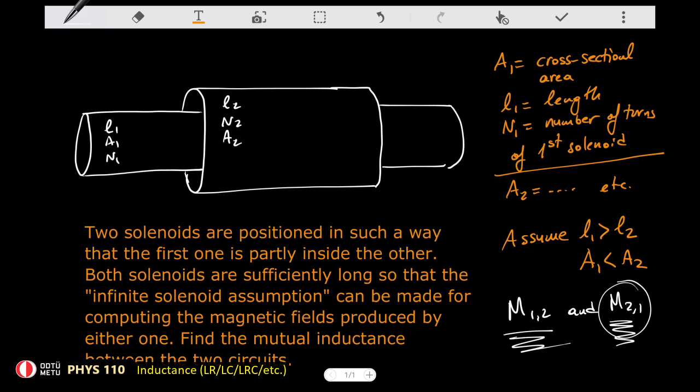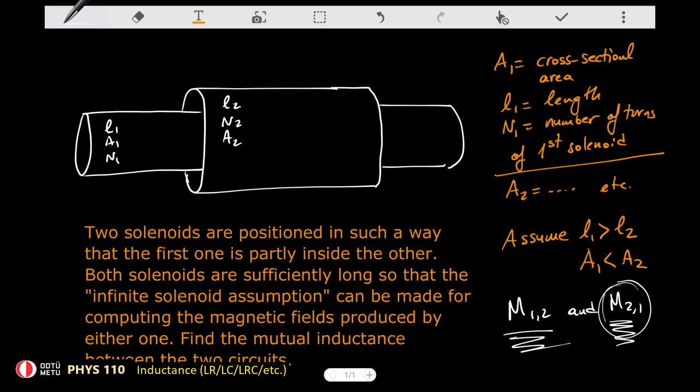That means I'm going to assume that there is a current on the wire of the first solenoid, and this produces a magnetic field, and then I'm going to compute the magnetic flux for the second one. So there are these two steps. In the first step, I compute this, and then I pass to the other one.